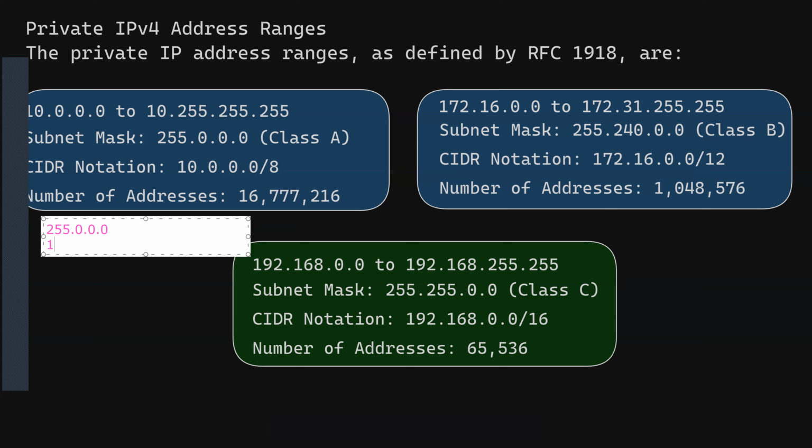That means 8 ones, 1, 2, 3, 4, 5, 6, 7, 8, followed by 8 zeros, 8 zeros, 8 zeros. So 8 ones, then 8 zeros, 0, 0.